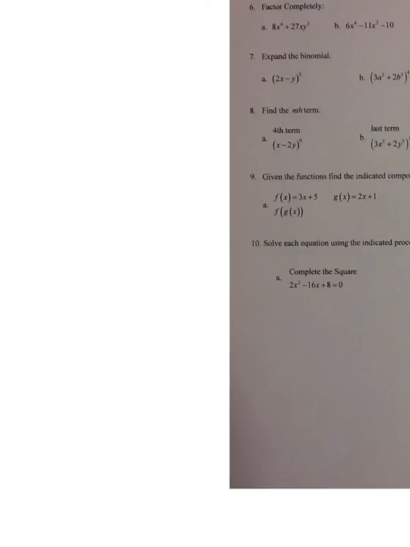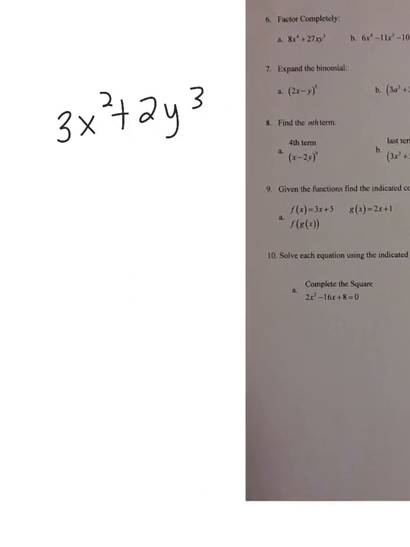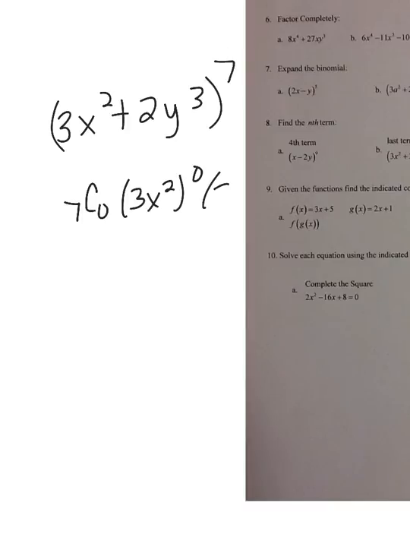Okay, so we have, find the last term. So we have (3x squared plus 2y to the 3rd) raised to the 7th power. All right, so I want the last term. So the last term, remember, we go from the exponent all the way down to 0. So the last term would be 7c0. And then I have 3x squared to the 0 and 2y to the 3rd to the 7th power.